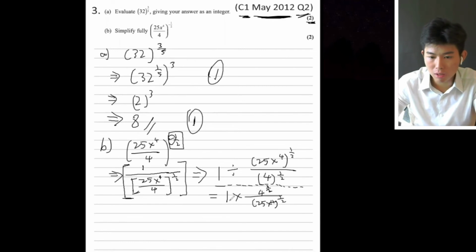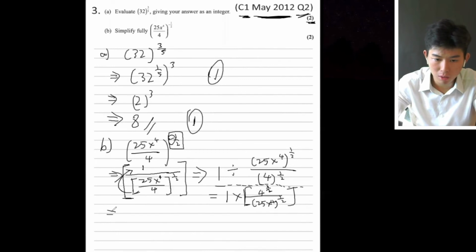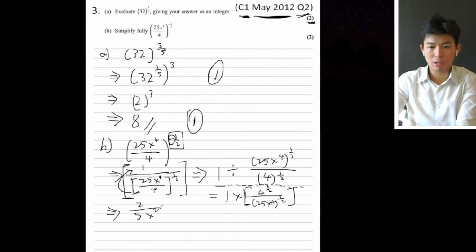And this value times 1 would be equals to the 4 to the power of 1 over 2 moved up to the numerator. And the final step would be 4 to the power of 1 over 2 would be 2, and over 25 to the power of 1 over 2 would be 5, times x, 4 times 1 over 2 would be 2, so would be equals to x to the power of 2. And that would be the final answer.